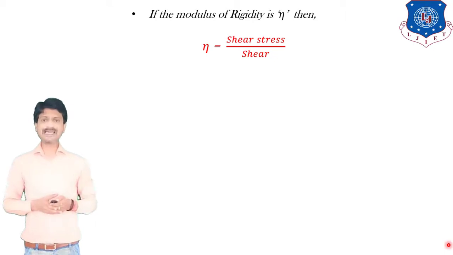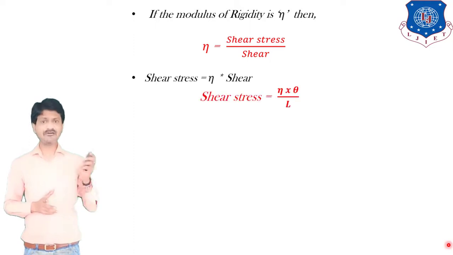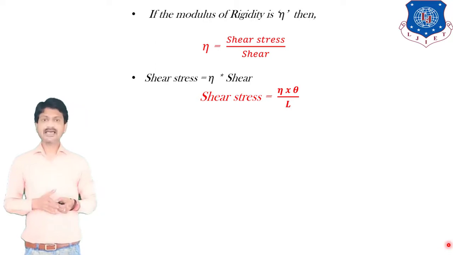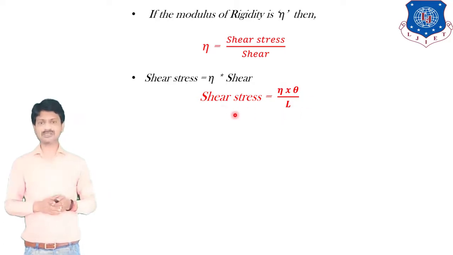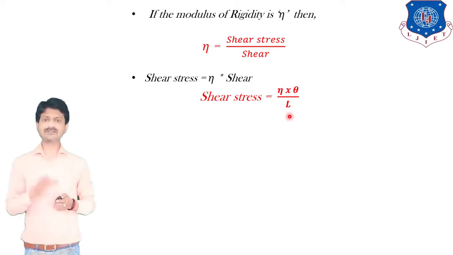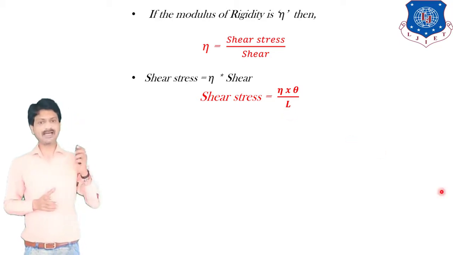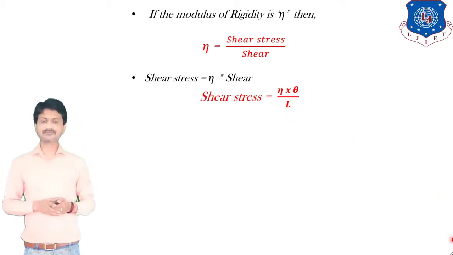So eta is equal to shear stress by angle of shear. So we have the equation shear stress equals eta into angle of shear. Now we know that the angle of shear phi is equal to x theta by L. By replacing that value of the angle of shear in the above equation, we have the final equation: shear stress equals eta x theta by L.